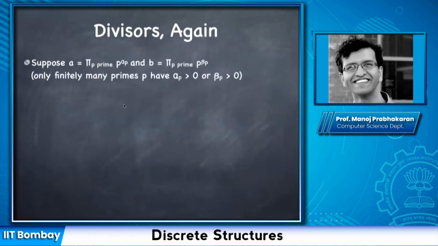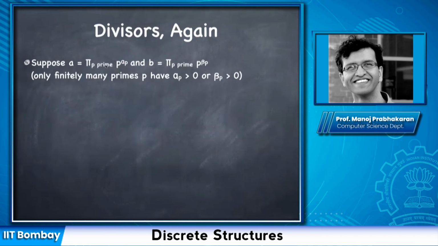So let's say my number A, its prime factorization. Here, for convenience, I've changed the notation a little bit. So think of this as a product notation. There's a product over all primes, and for every prime p, I have an exponent here, alpha p. So A can be written as p to the power alpha p, product over all p.